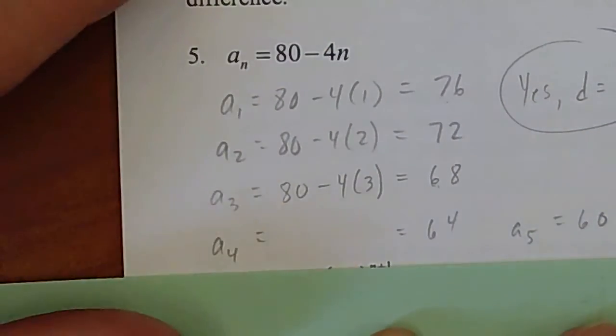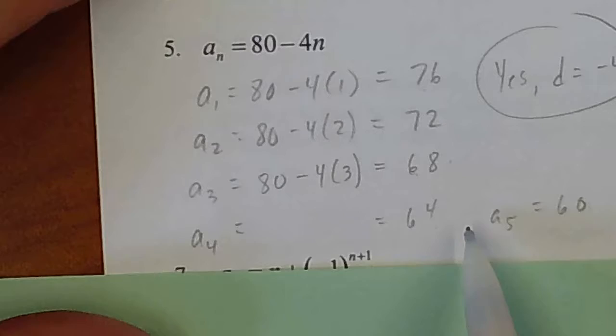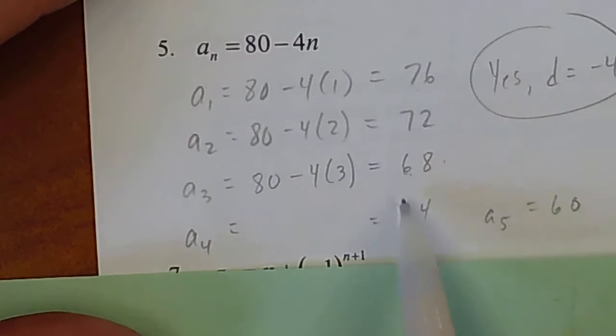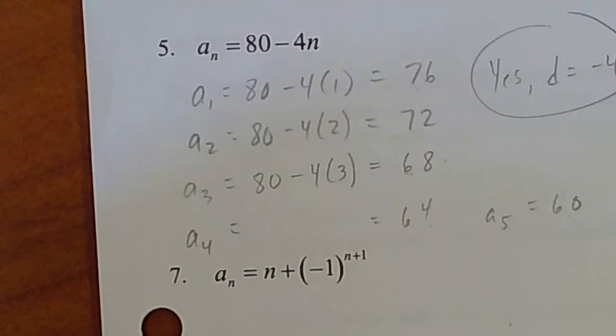If you don't want to show the work, you don't have to because we're just subtracting. And after you get about 3 of them going, you probably see the pattern. Looks like it is going down 4. So here's the first 5 terms. Yes, it is arithmetic.